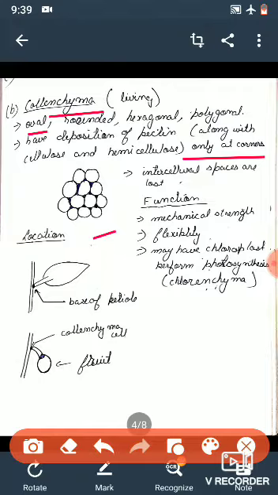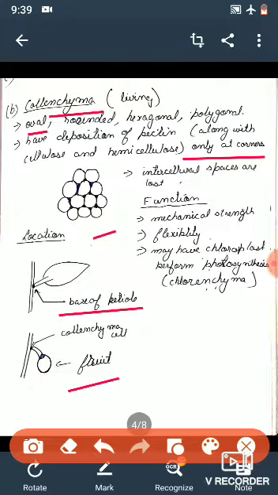So where this collenchyma are present, they are present at the base of the petiole or at the base of the fruit. Collenchyma cells are there, and they provide mechanical strength to the plant. They help in the flowering. The leaves can move because of this collenchyma cells.